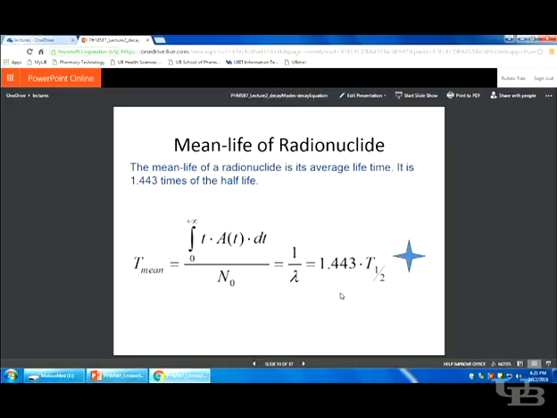Assuming the starting number of atoms is n sub 0, the mean life of the atoms of this radionuclide would be the life of each group of atoms divided by the total number.